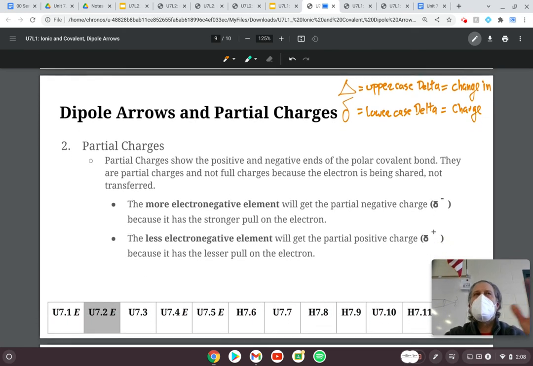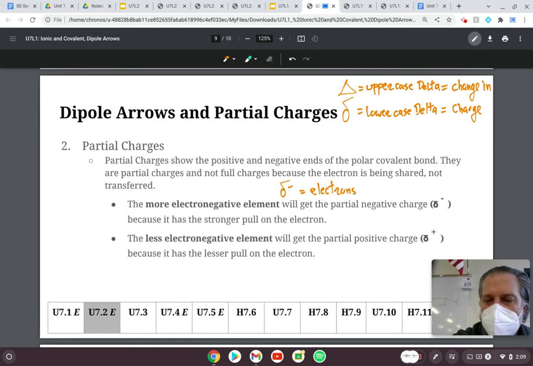So in a bond, the more electronegative element will have a partial negative charge. So we would write delta negative, which means the electrons are pulled toward that atom.